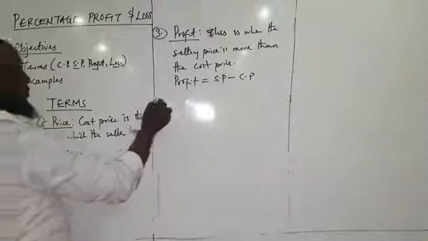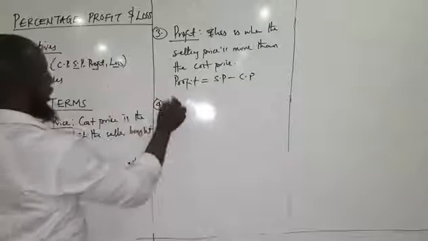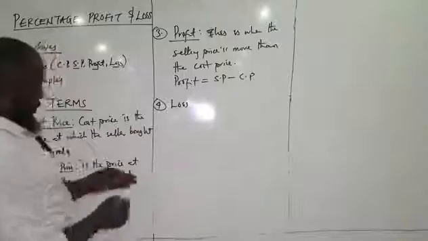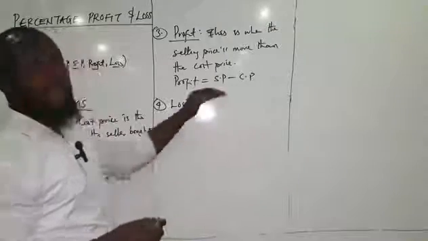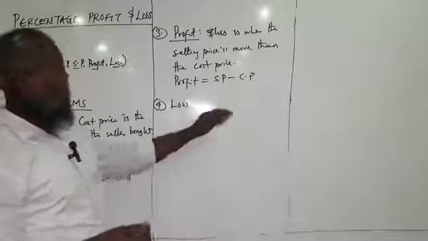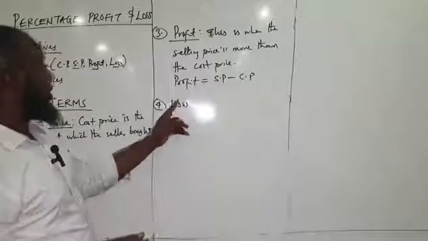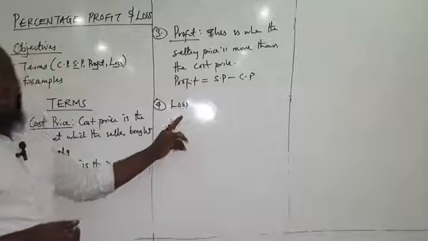Then the fourth one is the loss. So when the price at which a product is bought is more than the price at which the product is sold, then such a seller has made a loss.